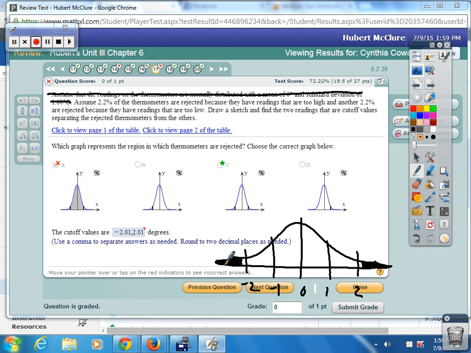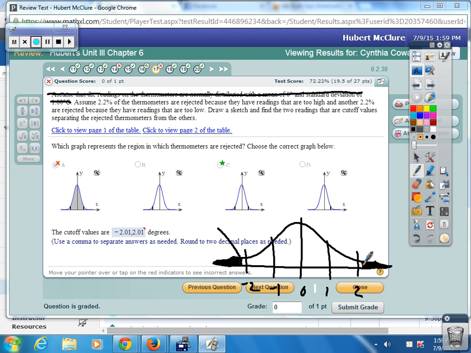And even though this doesn't end, I'm just kind of moving it down so you'll understand that if this is 2.5, then 2.2 is shy of 2.5. So we got to find this z-score because we're given an area.